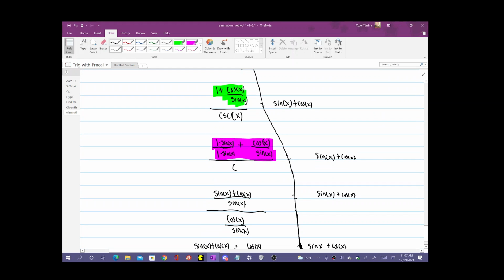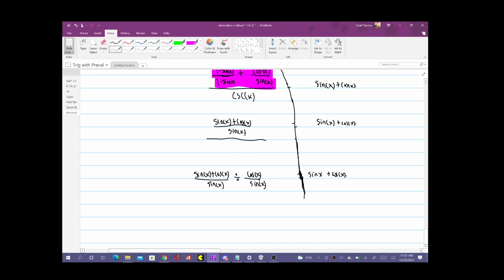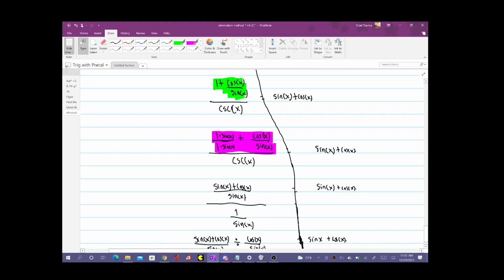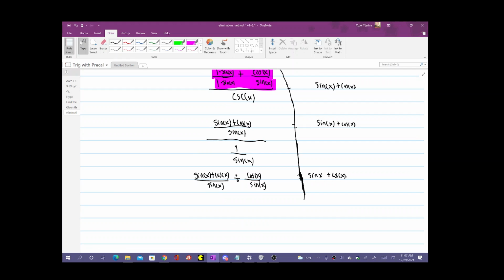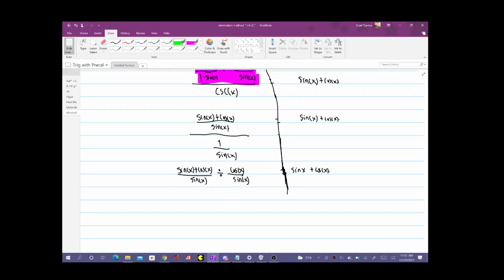Cosecant x is actually 1 over sine of x. It's still the same thing, but this part was turned into 1 over sine of x. That's cosecant x. I am so sorry, guys. So this becomes 1 over sine of x.